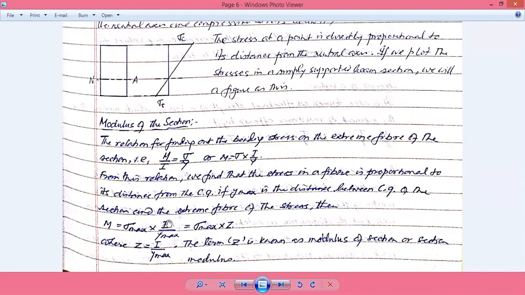If Y max is the distance between the center of gravity of the section and the extreme fiber, then M equals sigma max multiplied by I by Y max, which is sigma max multiplied by Z, where Z is given as the moment of inertia of the section divided by the distance of the extreme fiber of the section from the neutral axis. This term Z is known as the modulus of section or section modulus.